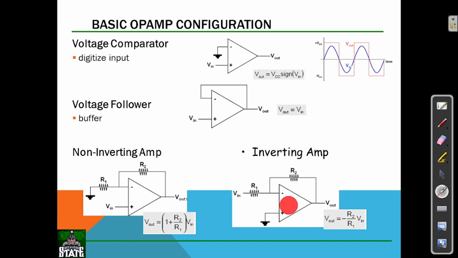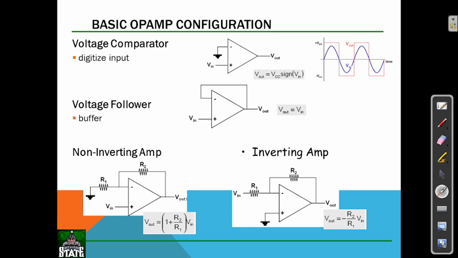Then the inverting amplifier. The main difference is that the ground connection is swapped compared to the non-inverting amplifier. There the positive connection has the input voltage and the negative connection goes to ground with a resistor. Here it is in reverse.